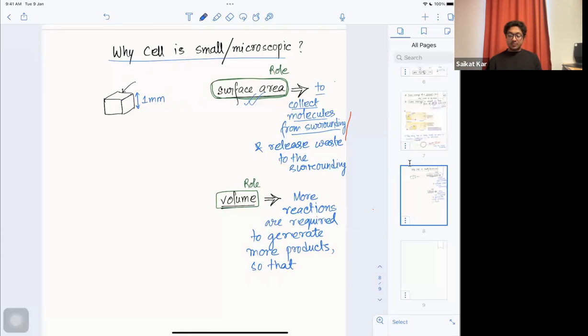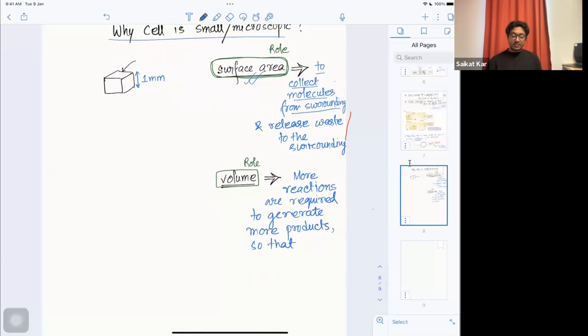So more reactions are required to generate more products so that a cell can maintain its internal environment. To maintain the internal environment, it needs more and more reactions to occur and more products to form.